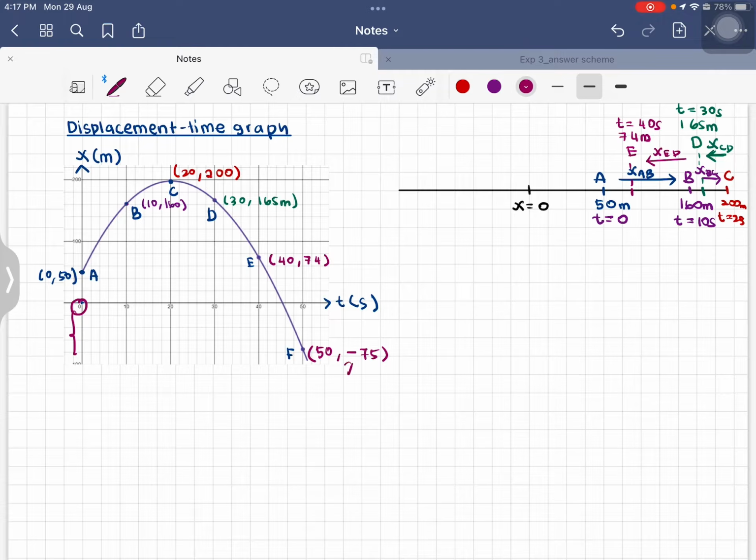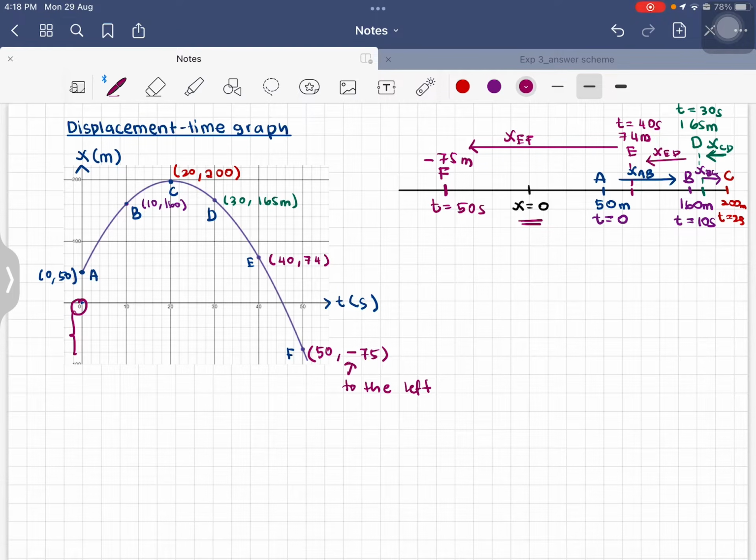This negative shows that it is to the left of the reference point, to the left of x equal to 0. So it is somewhere here. This is your F, which is negative 75 meter. Time taken is 50 seconds. So from E to F is also to the left. X_EF. Alright.